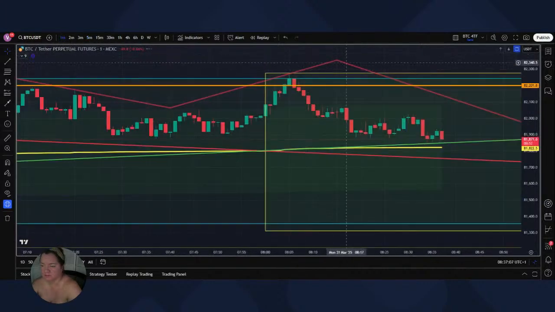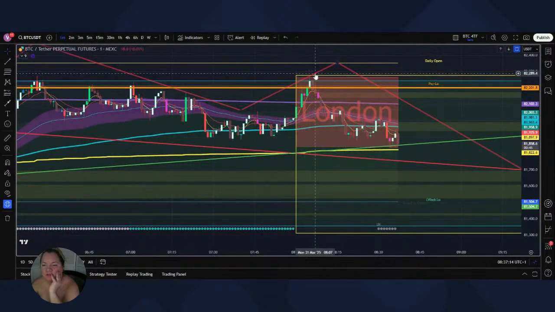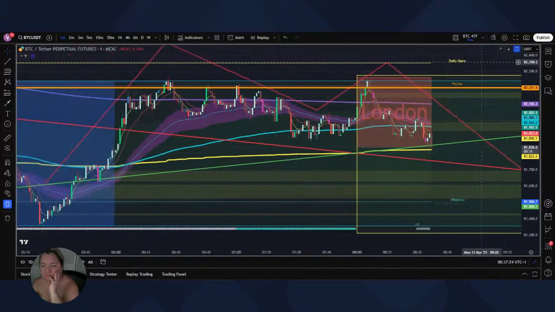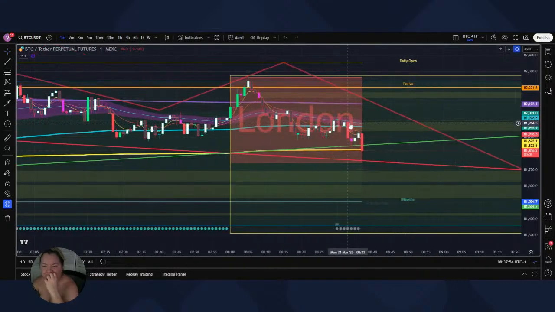Just go down to the 1 minute chart. Push straight into the high reversal. Okay.